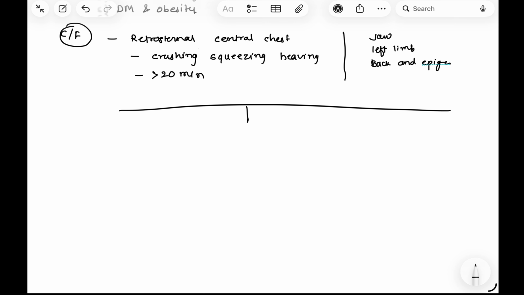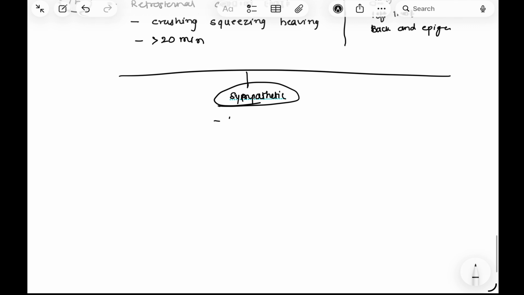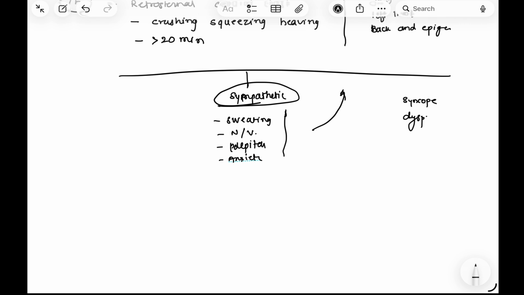These symptoms may be associated with sympathetic activation. So what are the sympathetic symptoms? Sweating, nausea, vomiting, palpitation, anxiety. These are associated with the above clinical features. The patient might complain of syncope, dyspnea, tiredness.